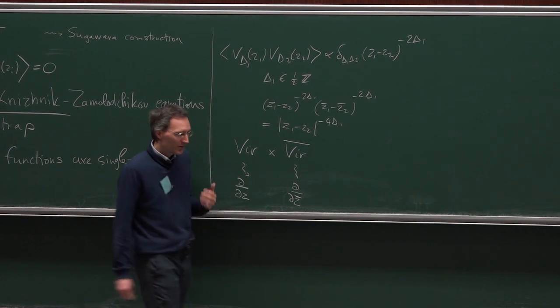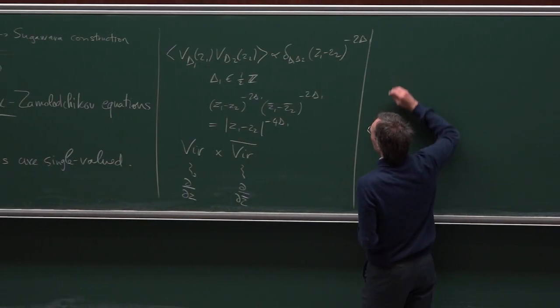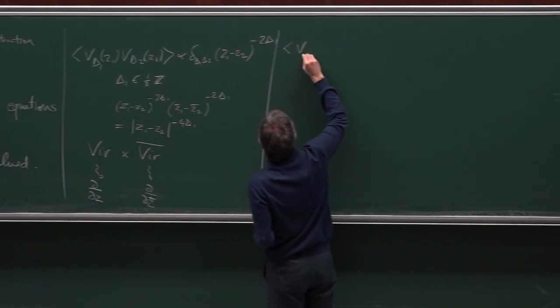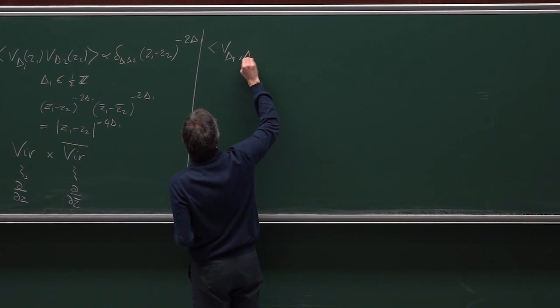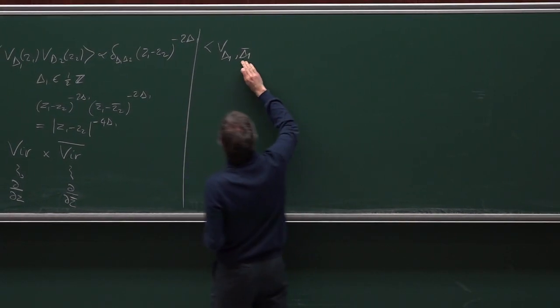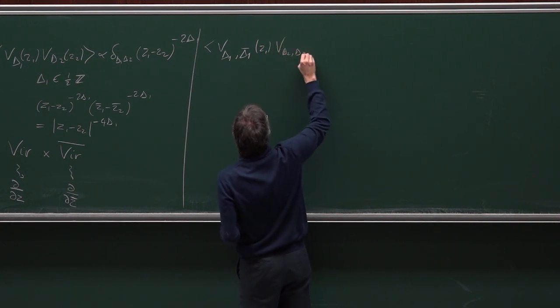But actually, I'm not even restricted to having the same dimensions on the left and on the right. So let me write a more general two-point function for fields that have arbitrary left and right dimensions. So delta 1 bar is the right dimension, and delta 2 bar.